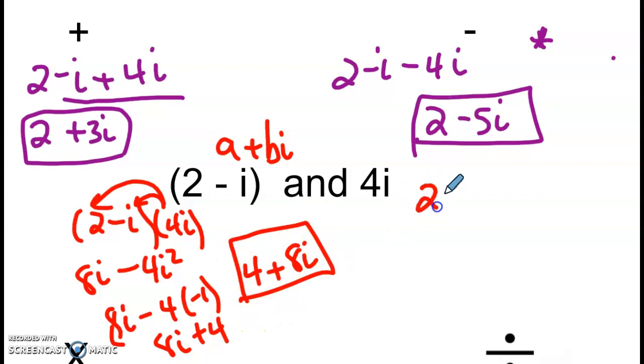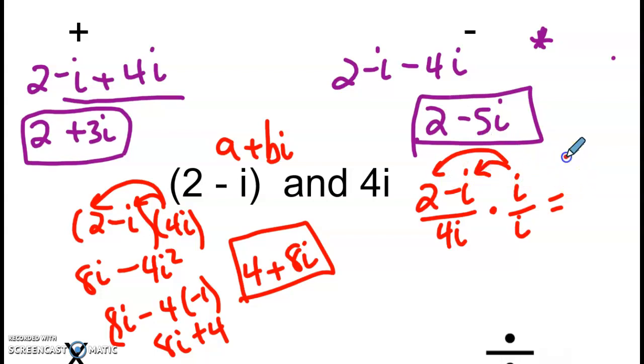We usually like our real part and then our imaginary part. To divide them, 2 minus i divided by 4i, we don't really need a conjugate this time because we don't have two terms down here. Okay, to get rid of just an i, we're going to multiply by i over i. That will give me, of course I'll have to distribute up top, 2i minus i squared over 4i squared.